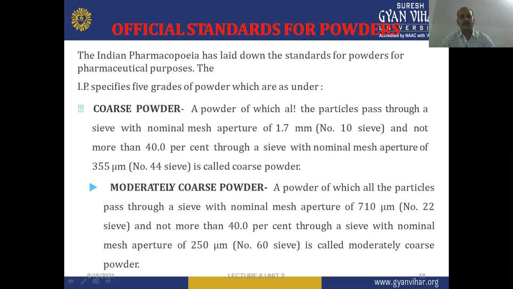The second one is the moderately coarse powder. A powder of which all the particles pass through a sieve with nominal mesh aperture of 710 micrometer, meaning number 22 sieve, and not more than 40% through a sieve with nominal mesh aperture size of 250 micrometer, meaning number 60 sieve, is called moderately coarse powder. All these specifications for the standards of powder are given by the Indian Pharmacopoeia.